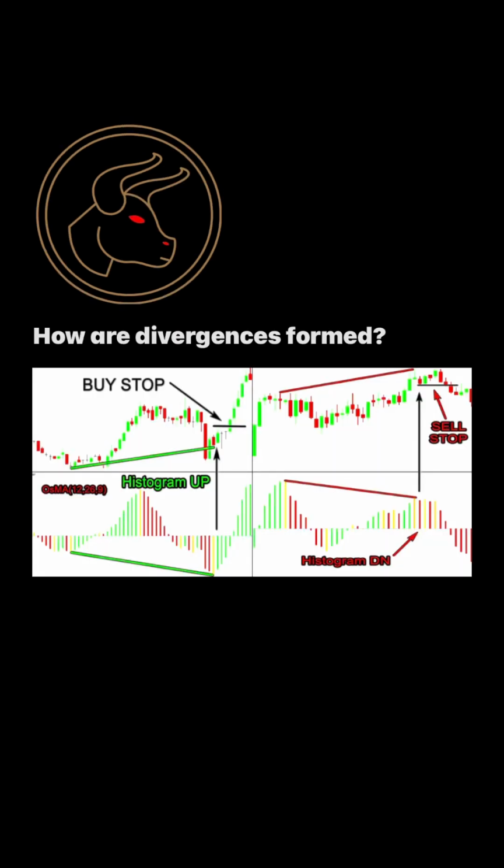Here's a good illustration I found explaining how support and resistance levels correlate to divergence, utilizing the oscillator in conjunction with the price action, the trend lines, and the support and resistance.